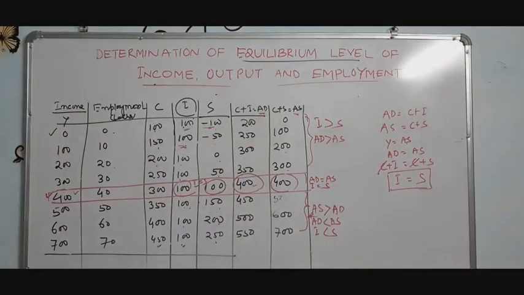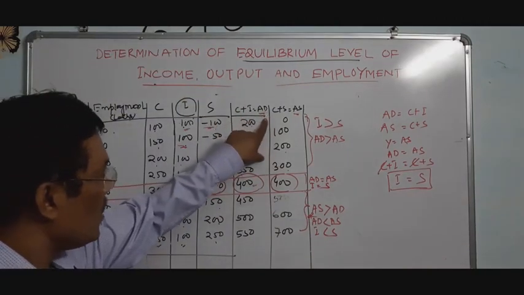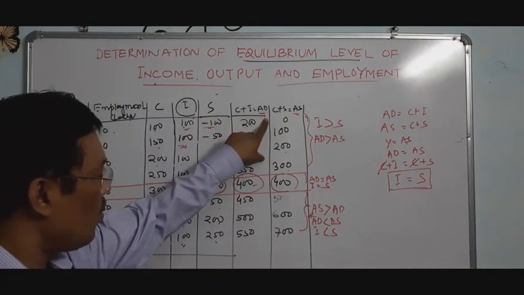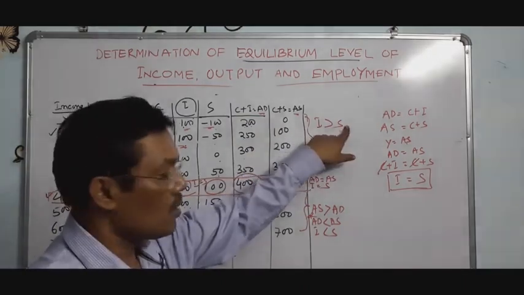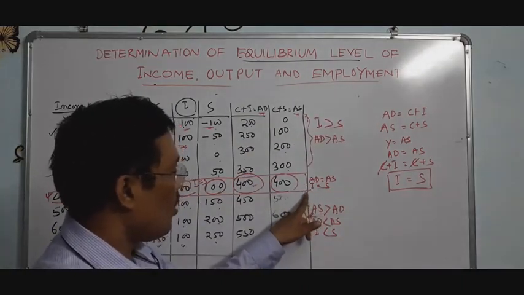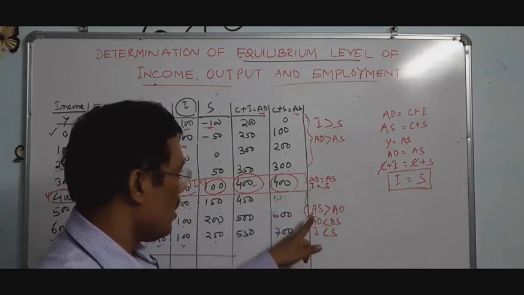Now it is clear. Up to the 400 level of income, AD is greater than AS, I is greater than S. At 400 level of income, AD equals AS, that is investment equals saving.